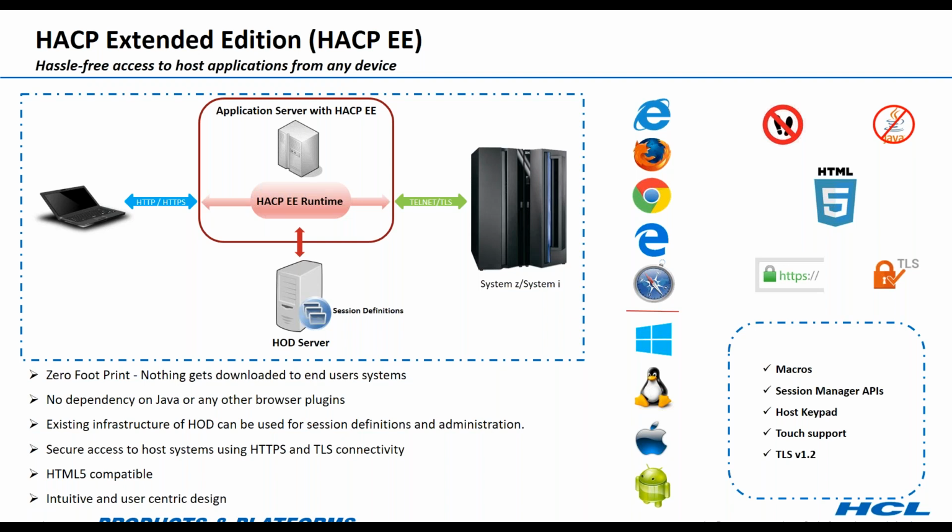So it's a very minimal migration path for the users. All they need to do is change the URL from Host On-Demand's URL to HACP-EE's URL.